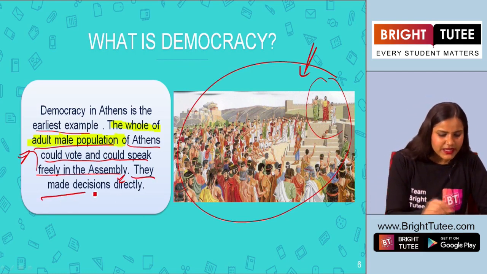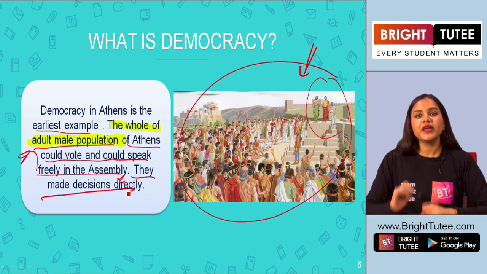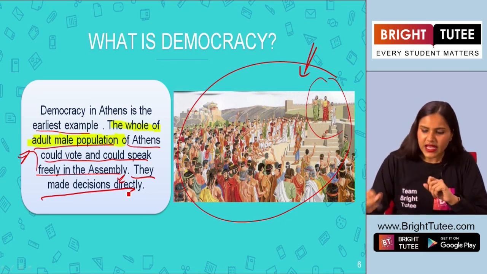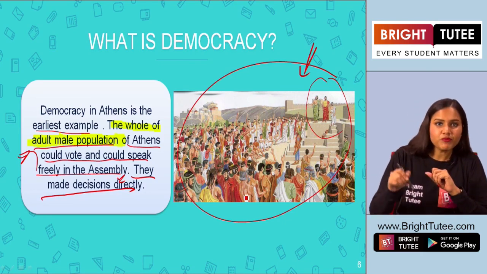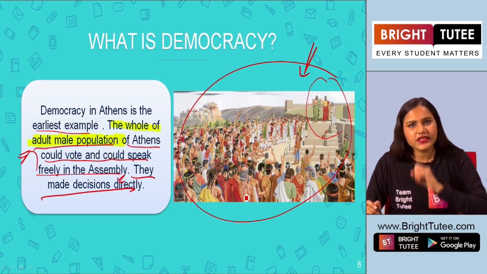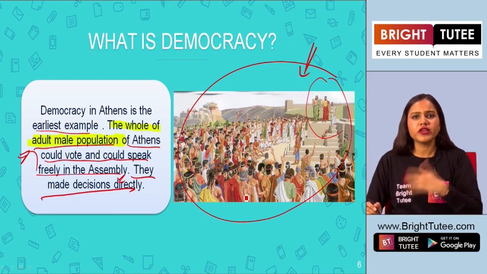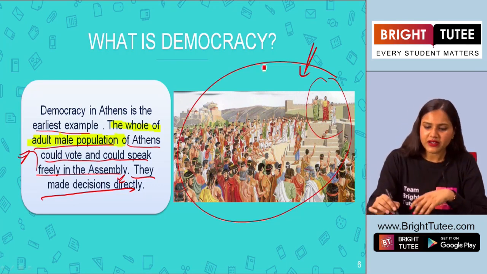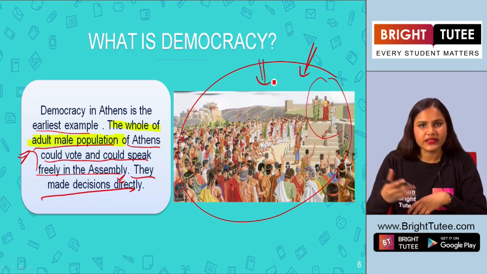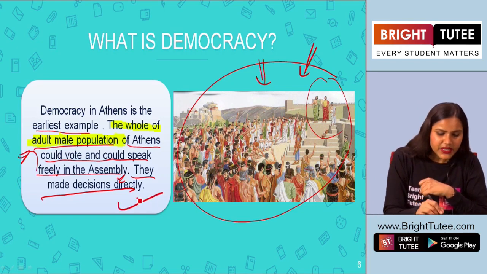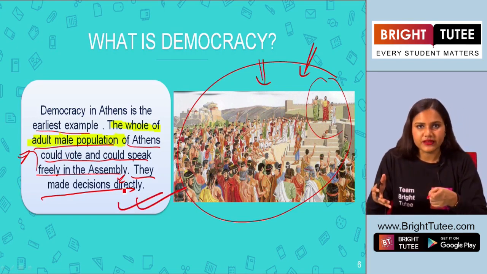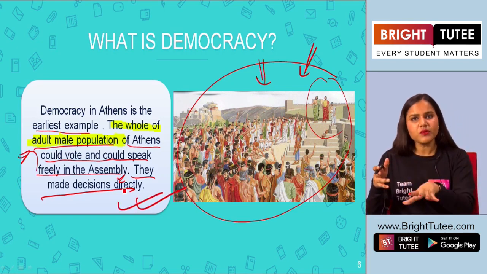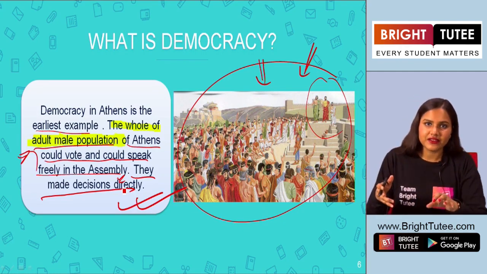Now here we see that the decisions were made directly. It means that the male population gathered in the assembly and gave votes for any particular matter that was happening in Athens, in Greece, and the decisions were taken directly. Okay. So this is one important point that you have to understand here.